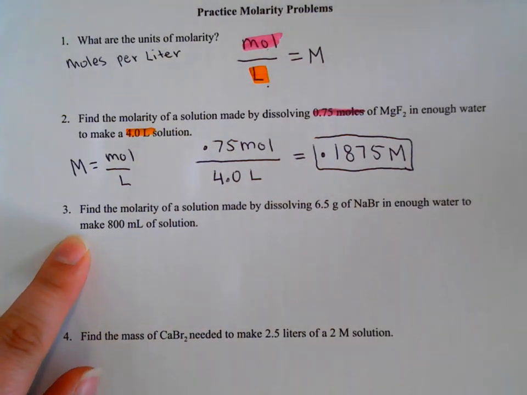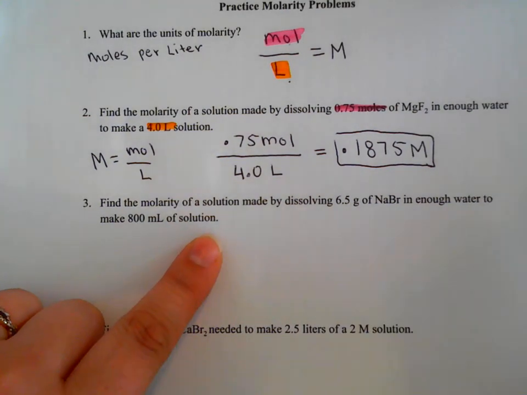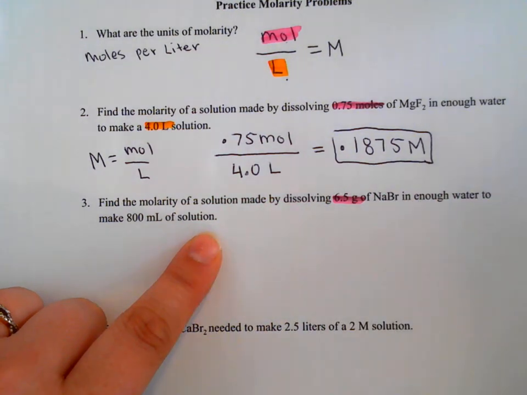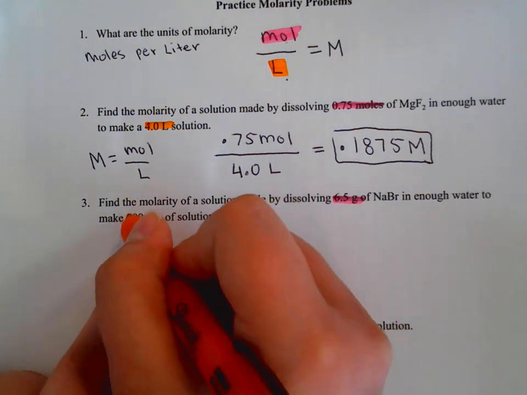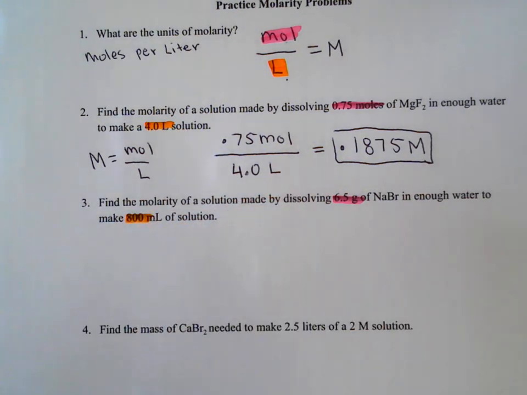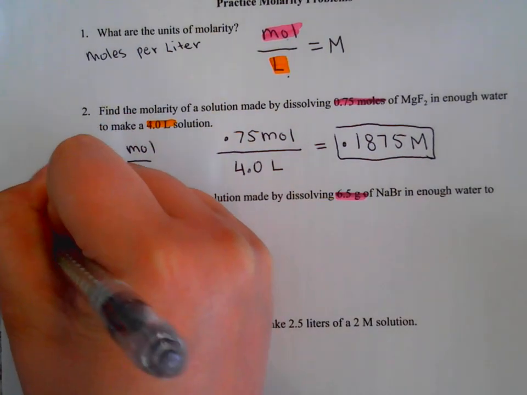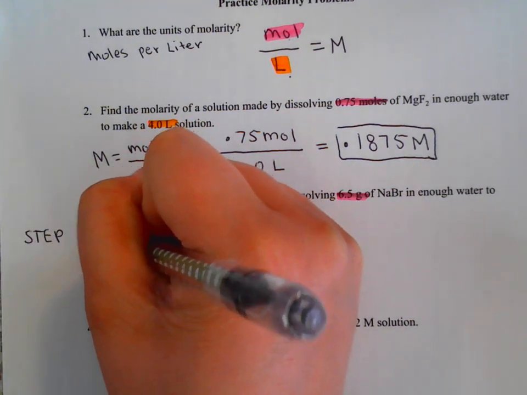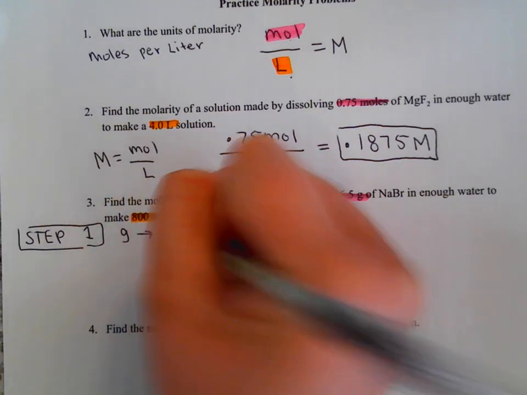Okay, the next problem has 3 steps to it. What you'll notice is that we were given 6.5 grams of NaBr, sodium bromide, in enough water to make 800 milliliters of solution. So we were not given moles and we were not given liters. So step 1, we're going to take our unit for grams and convert it to moles.